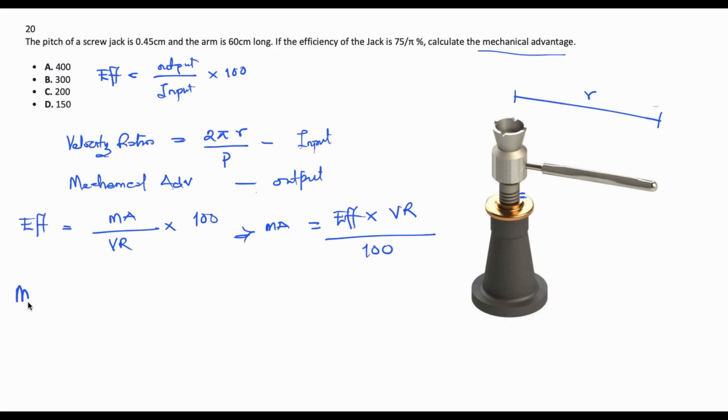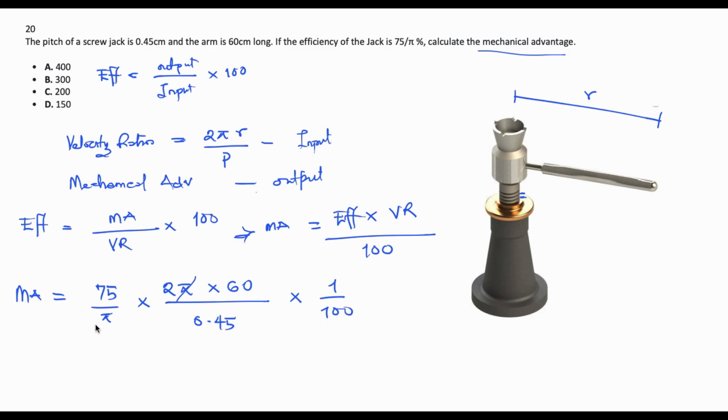So if we plug in our values, the efficiency is 75 divided by pi, so we have 75 over pi, multiplied by our velocity ratio, which is 2 pi multiplied by r, which is 60, divided by p, which is 0.45, and we divide by 100, that is, multiplied by 1 over 100.